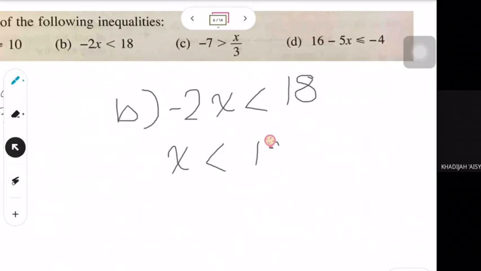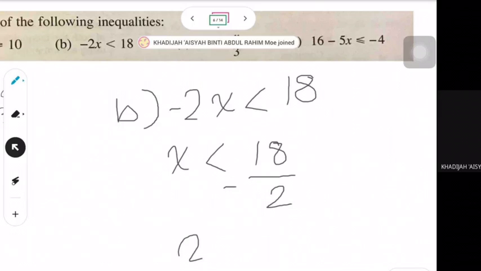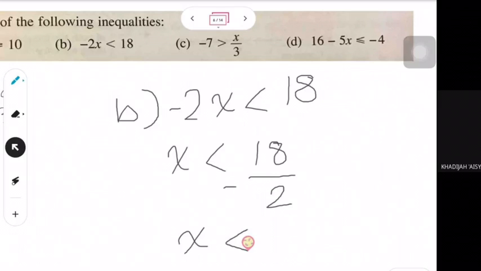Cakaplah sikit, Khadijah, supaya tak sunyi. So I bring the negative 2 over here, so it will become bahagi. Okay, bahagi negatif 2. So x is less than negative 9. You divide negative 2.